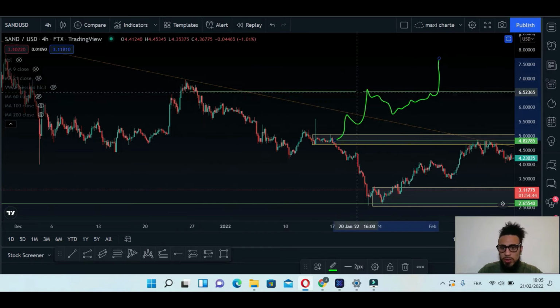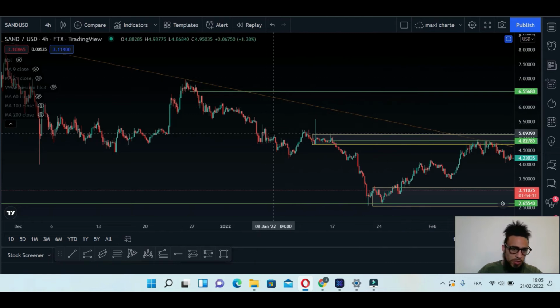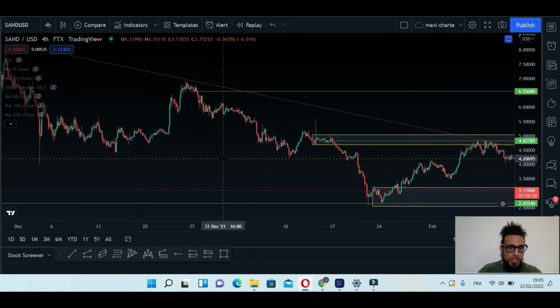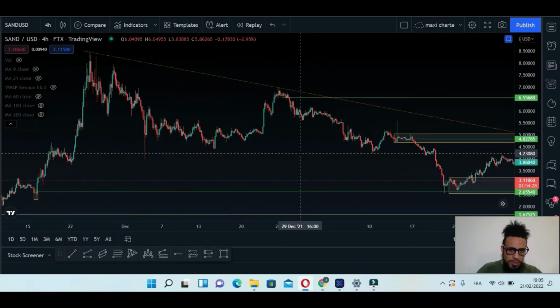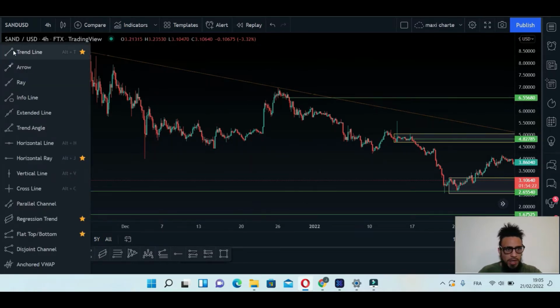I would have looked at exiting around this level and re-entering around this POI to maximize the potential of this little range right there. Obviously it didn't happen, but that could have been a nice scenario that pretty much happens all the time on every time frame. So that's the sort of moves that we need to keep an eye out for.